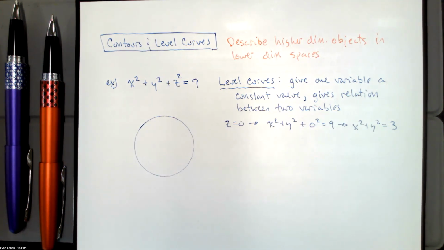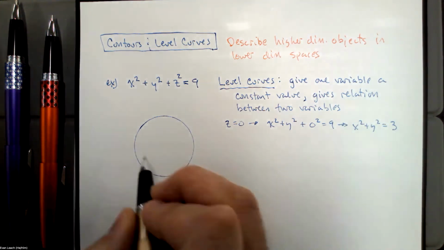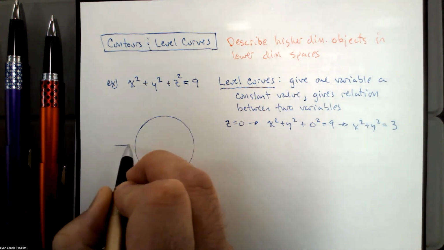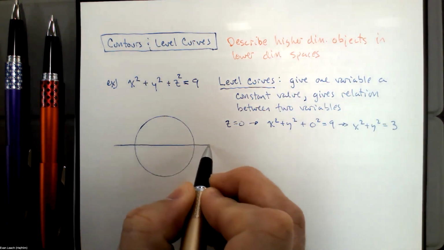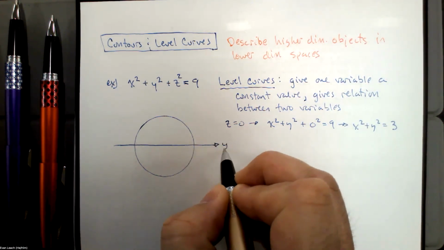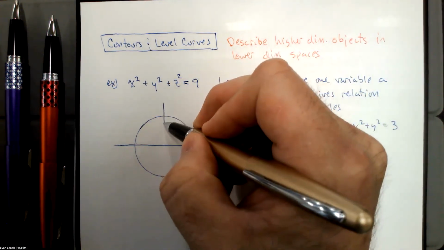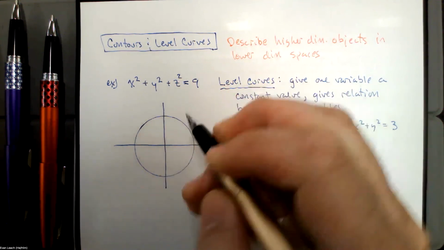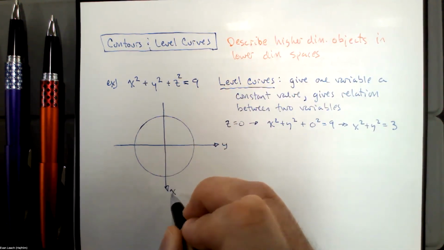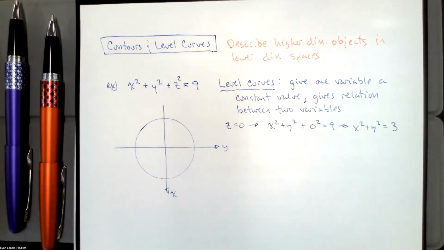We're going to move ourselves to the positive z-axis and look down on the sphere. And so our level curve is a circle of radius 3.